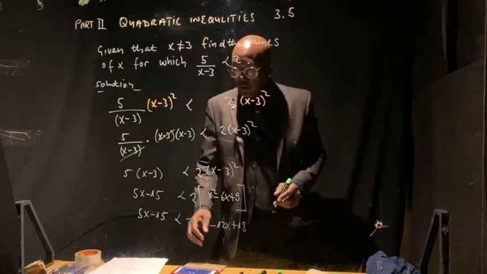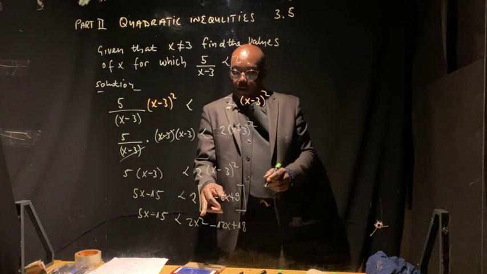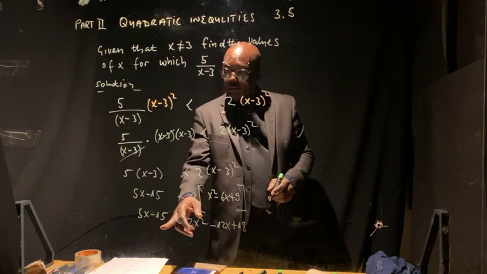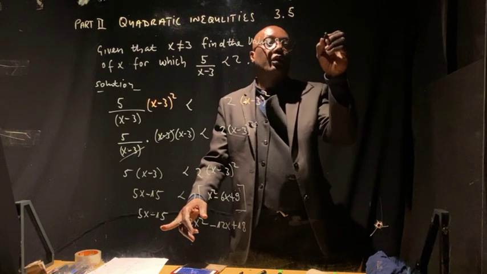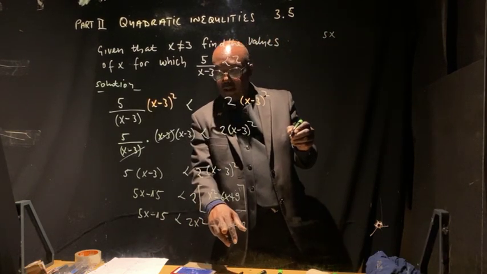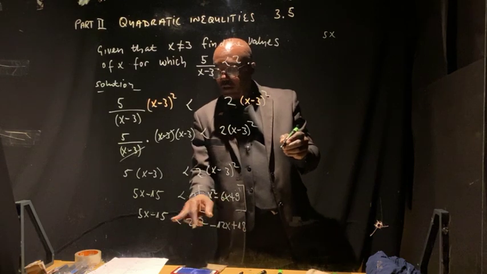Let's continue from here. So we have 5x, and then we bring the minus 12x from that side to this side.